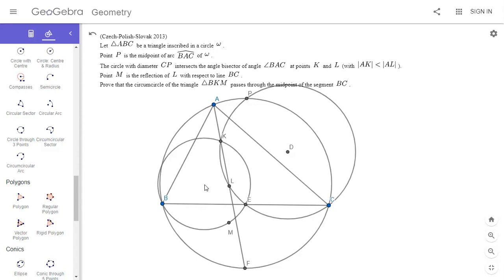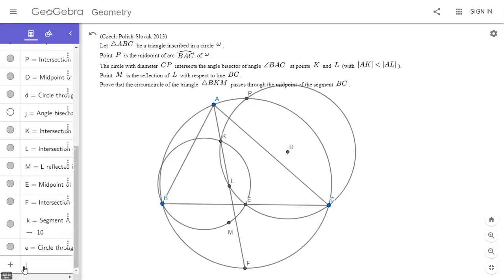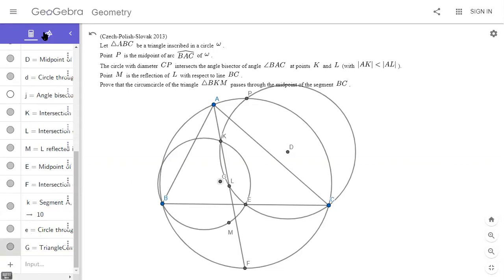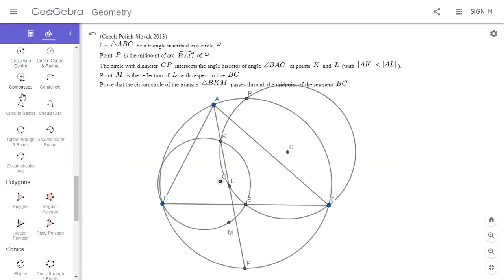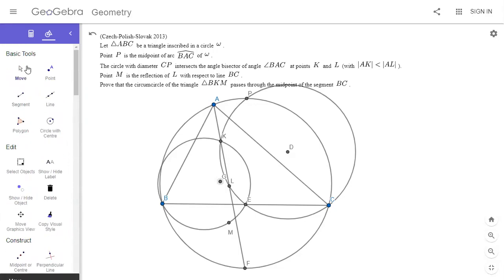Let me draw the orthocenter, because we know that the reflection of the orthocenter lies on the circumcircle.